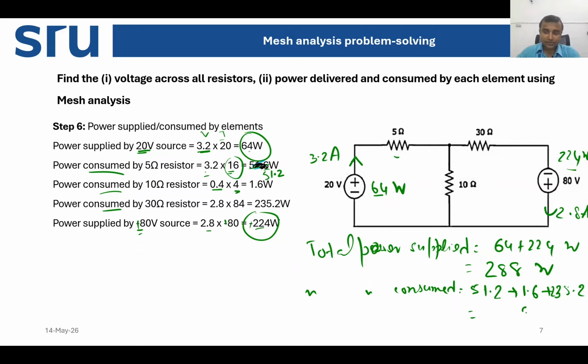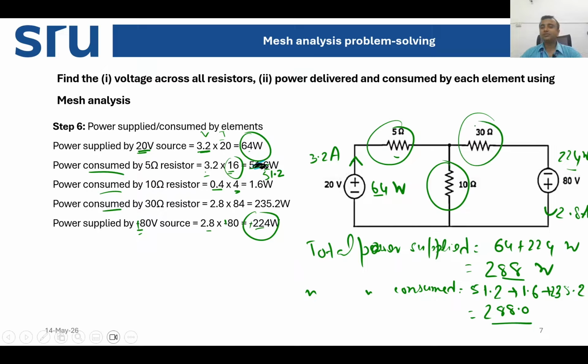So this sums to 288. So 288 supplied and 288 consumed, which is ideally the case: whatever power you are supplying is consumed by the elements which can consume it.